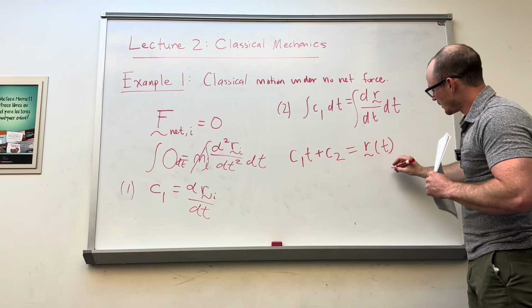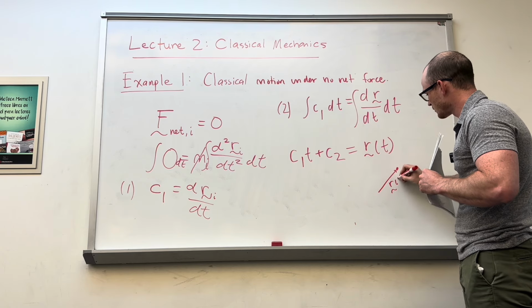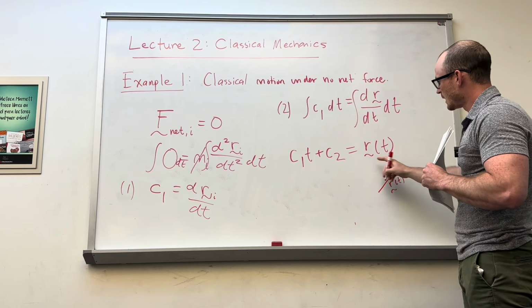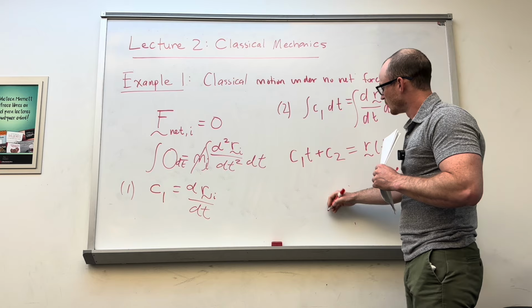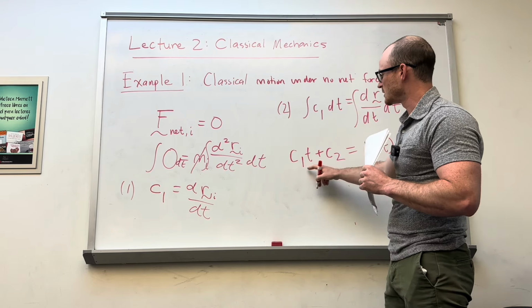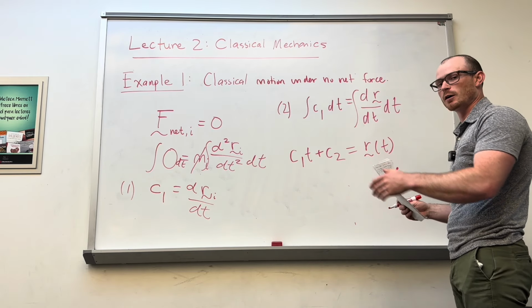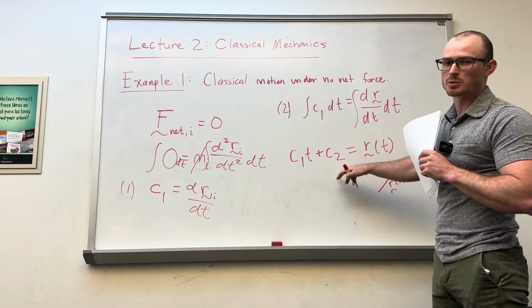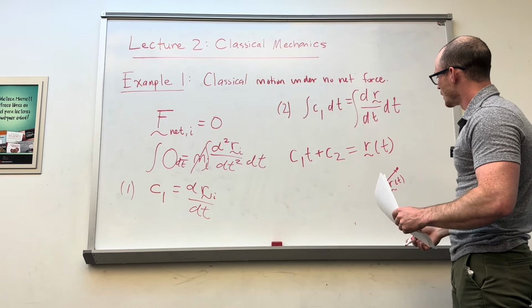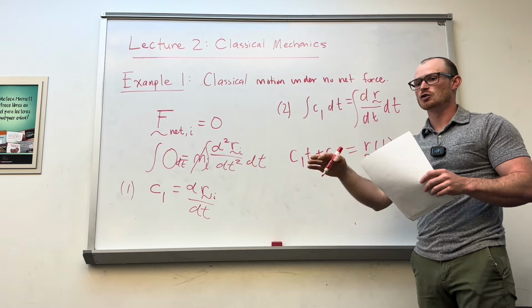So the position of the particle, r, as a function of time, is just a line. So you can see this is just y equals mx plus b, or mt plus b. So c1 is the speed at which the particle is moving, and c2 represents where the particle starts. So essentially, when you have no net force, your particle will just continue moving in a straight line.